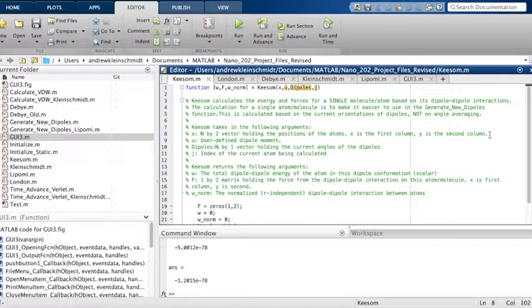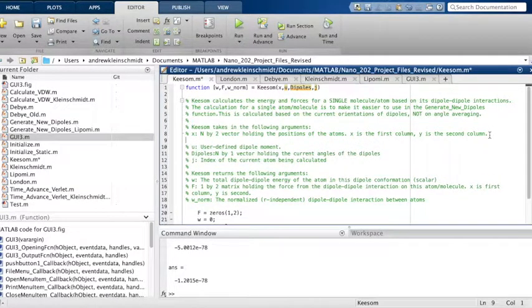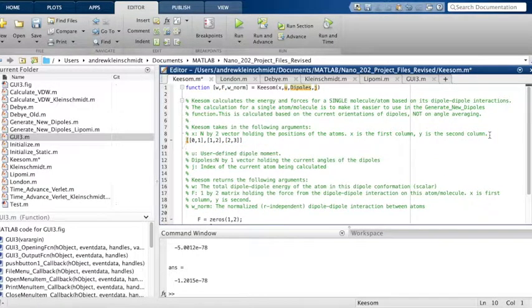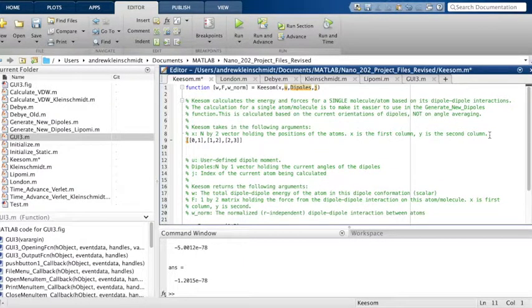So if we had 3 atoms in our system, if the first one was at 0, 1, the next one was at 1, 2, so that's x, y, and the next one was at 2, 3, that would be the x matrix, and if we wanted to get the x component of the second atom's position, we could say x, and we said it was the second atom, and we want the x component of it. So we'll get back the x component of the second atom.